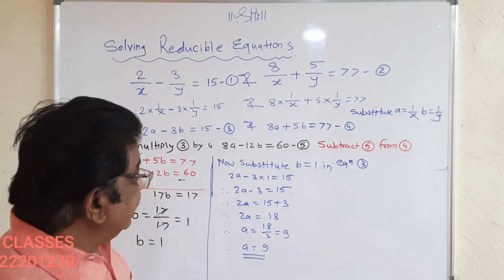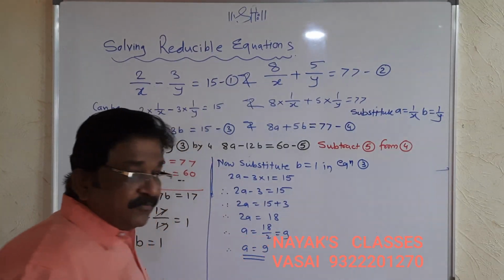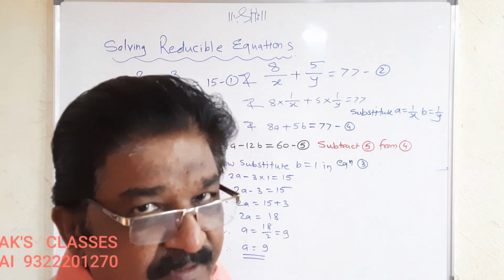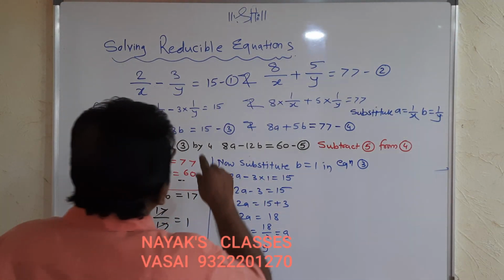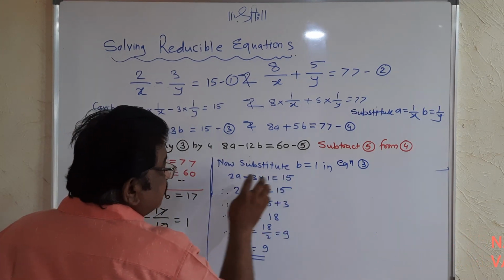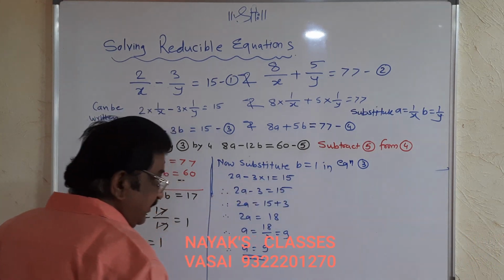Now putting b is equal to 1 in equation number 3: 2a minus 3 into 1 is equal to 15.